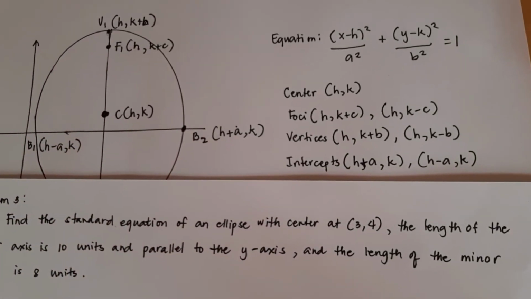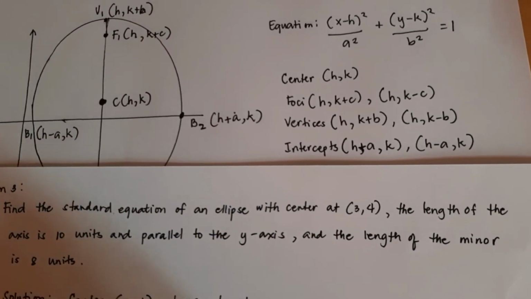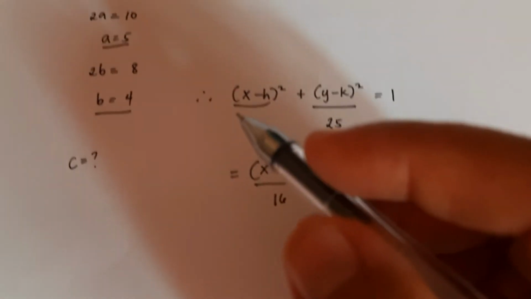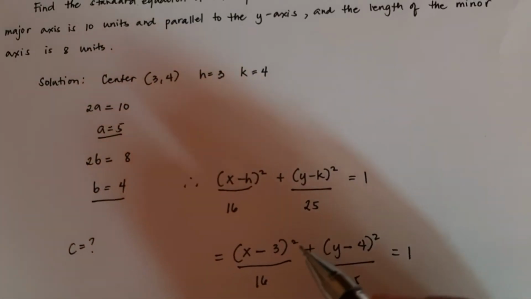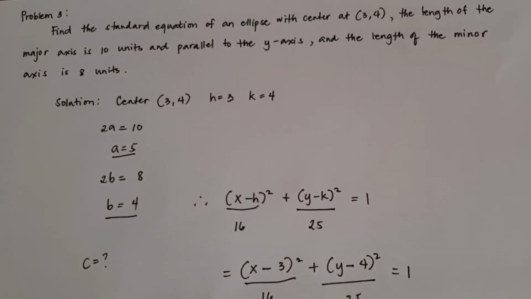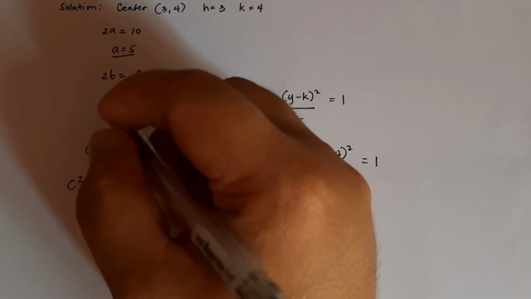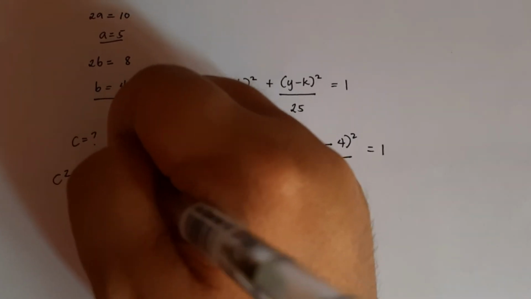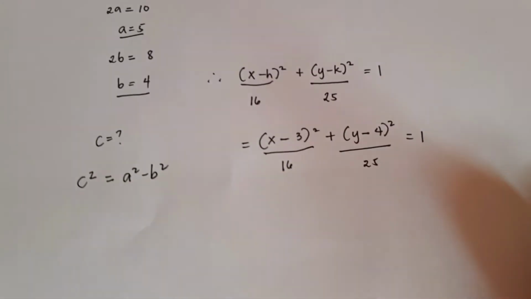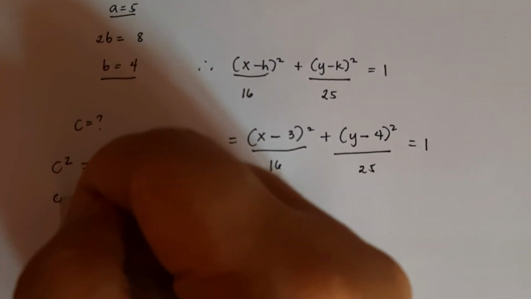Okay, hanapin muna natin ang value ng c. Ang formula natin ay magiging c squared is equal to a squared minus b squared.